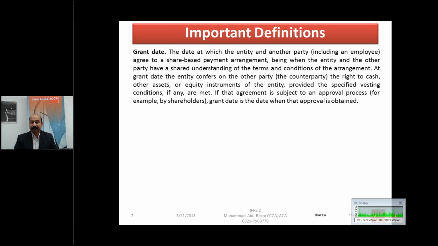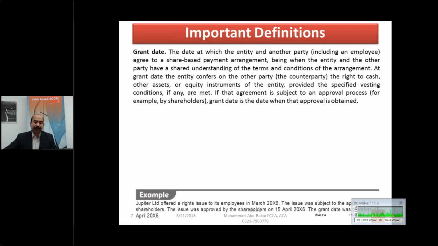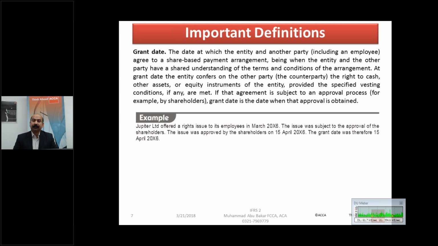If that agreement is subject to an approval process, for example, by shareholders, grant date is the date when that approval is obtained. An example: Jupiter Limited offered a rights issue to employees in March 2026.